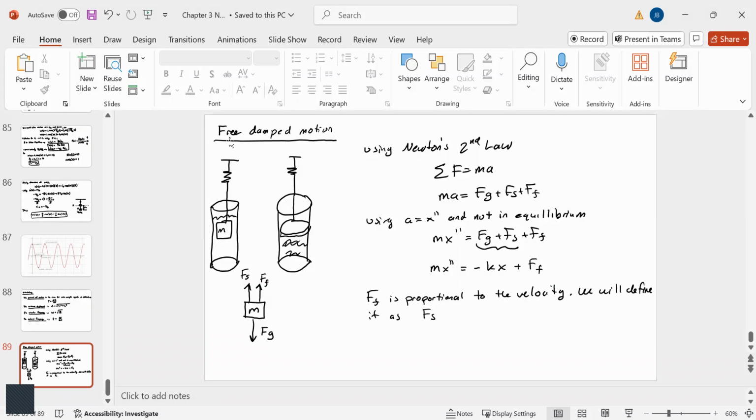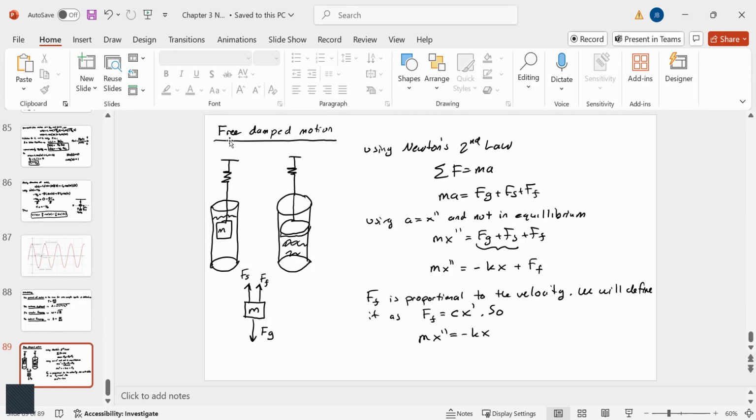Force of friction equals, I personally use beta, but I'm already using beta for complex roots, so I'm going to use a different letter. And the letter that they use in the homework from what I'm seeing is c, which I don't like because we already use c for something else, but I'm just going to use c here. So c x prime, right? Because again, x prime is velocity. So m x double dot is equal to negative kx.